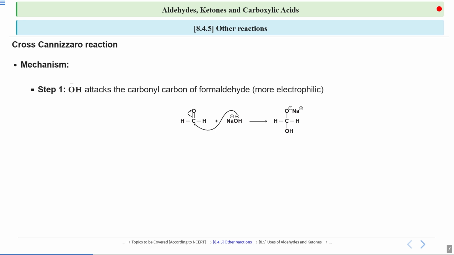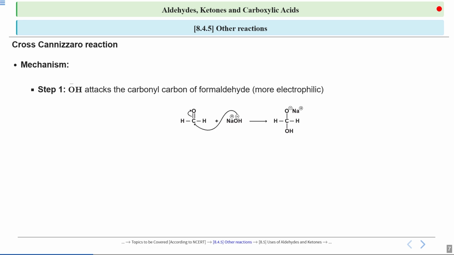Now, this negatively charged hydroxide ion, where will it attack? Obviously, it will attack the carbonyl carbon of formaldehyde, forming a tetrahedral intermediate. The carbon is more electrophilic, meaning it is more likely to attract electrons.